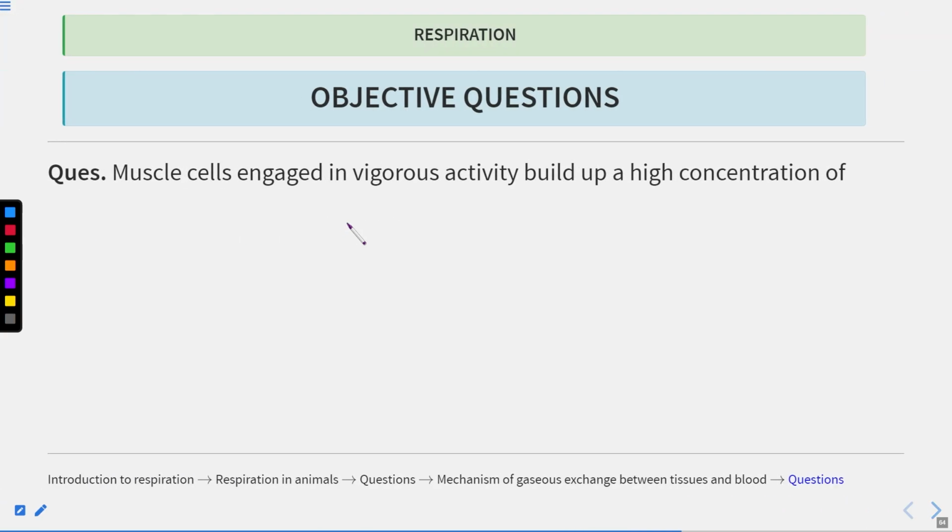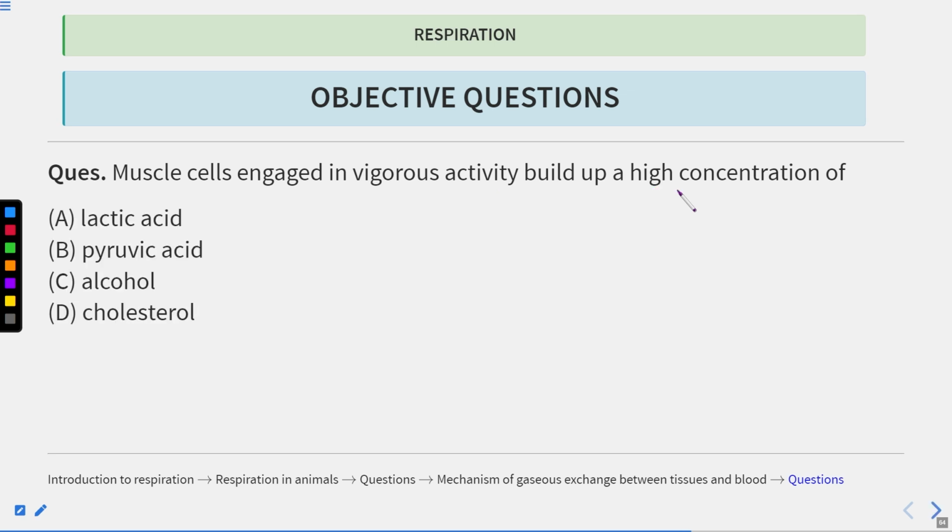The next question is muscle cells engaged in vigorous activities build up a high concentration of what? This already we have discussed. Lactic acid, pyruvic acid, alcohol or cholesterol. So what should be the answer here? Answer is very straightforward. It should be lactic acid.